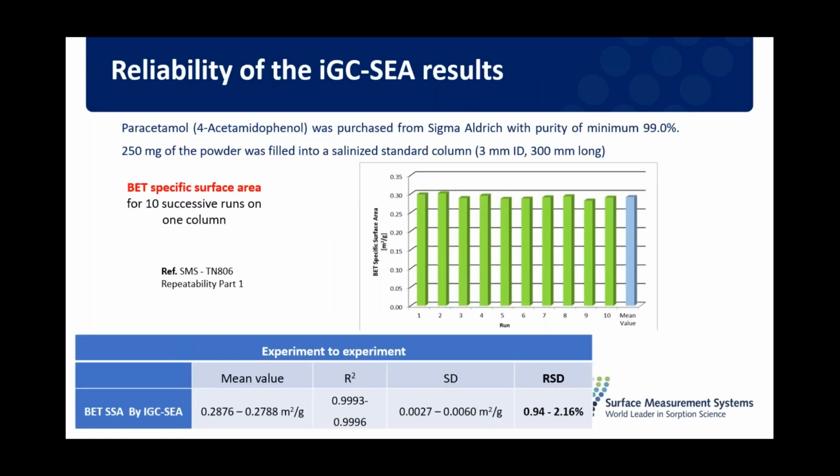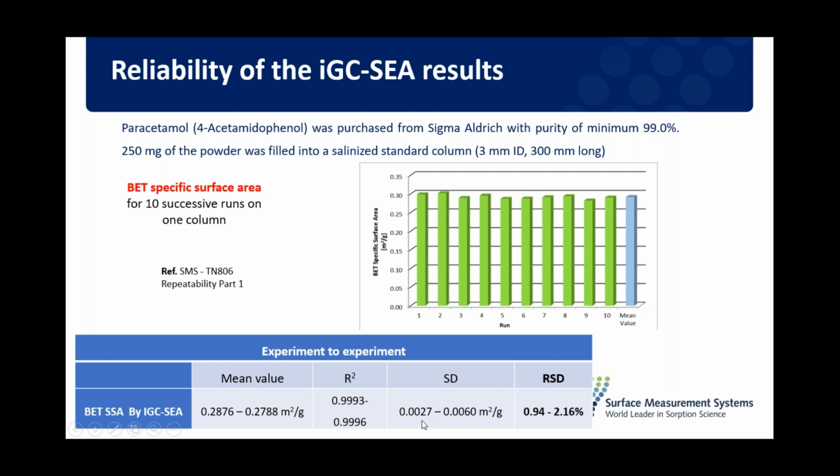And to show this on a pharmaceutically relevant material, some paracetamol from Sigma Aldrich. Multiple runs on multiple columns were done, and you can see that the surface area values were between 0.2876 and 0.2788. R squareds were very good.